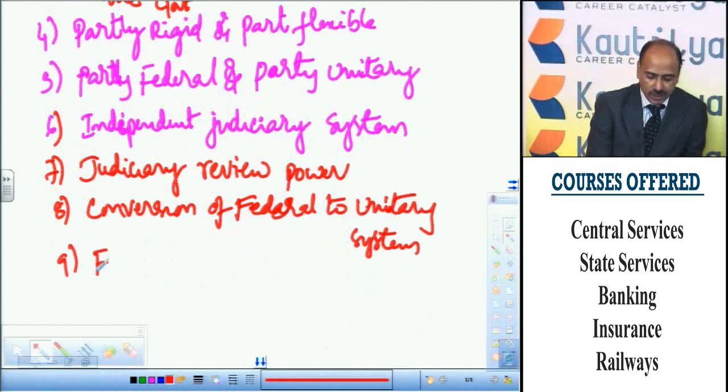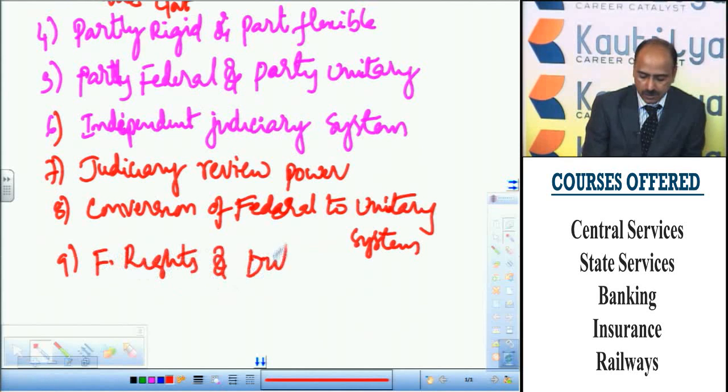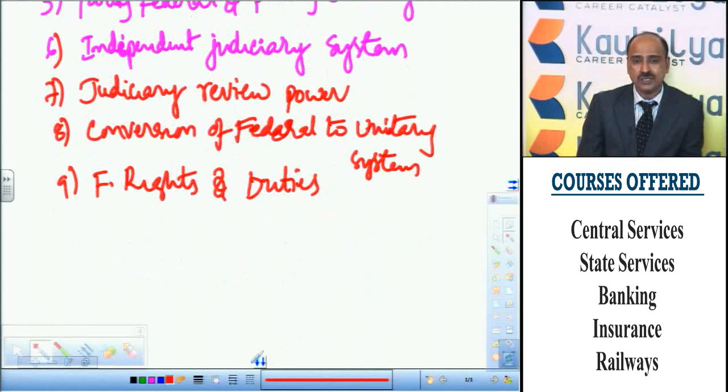Next, fundamental rights and duties. These are also salient features of our constitution, because if any person wants to live freely in our country, that person must enjoy some rights. Without rights, a person cannot live freely in the country. From that point of view, our experts gave some fundamental rights.